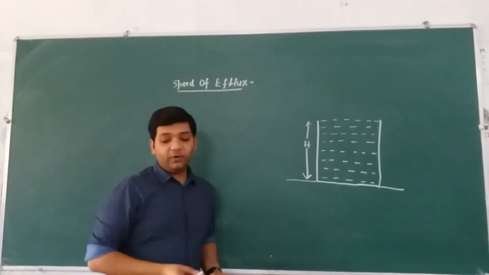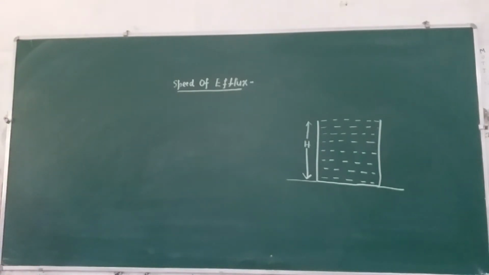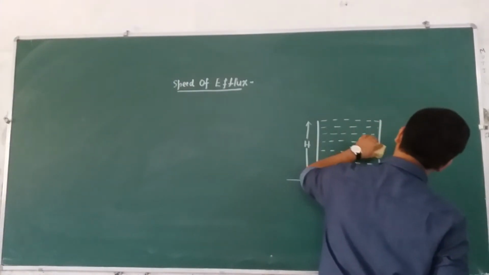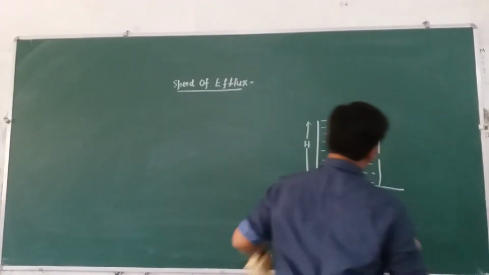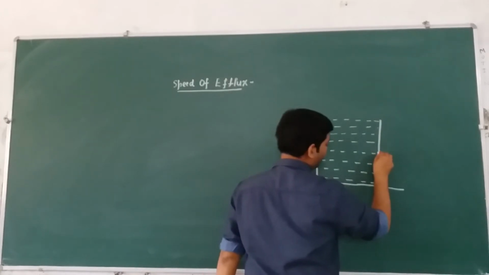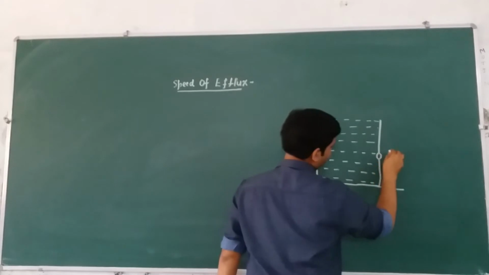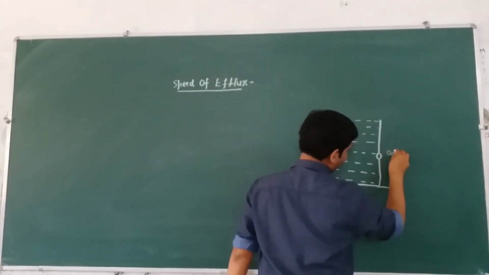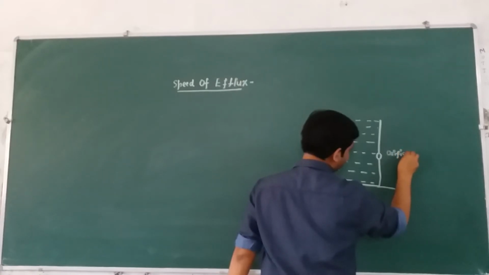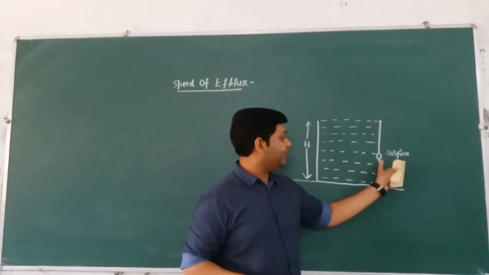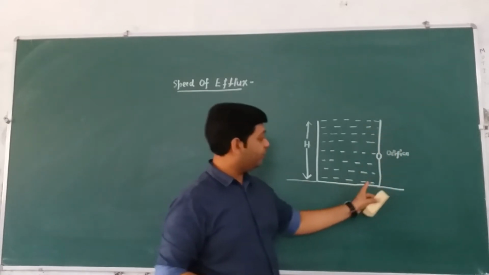Now what we do, we create a small hole or opening on the wall of this container like this. Now a hole or an opening is called an orifice, O-R-I-F-I-C-E. So this is a small opening that is created on the wall of this container.